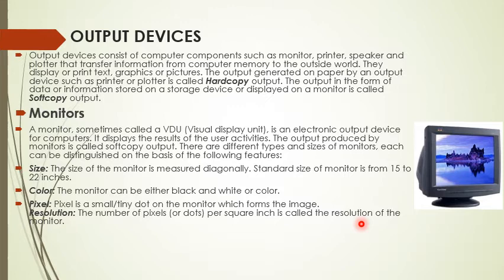Just like in a mobile you have a camera of 15 megapixel, 13 megapixel, or 21 megapixel, that means how big the picture produced will be. Resolution is how many dots or pixels there are in one square inch.